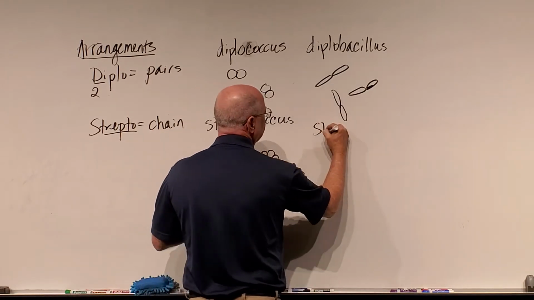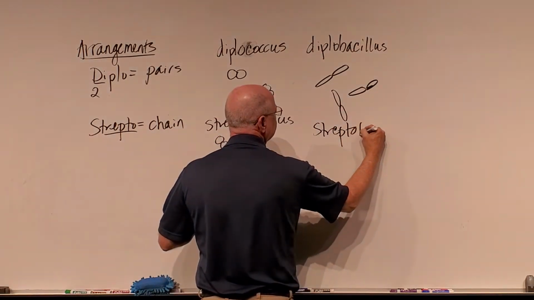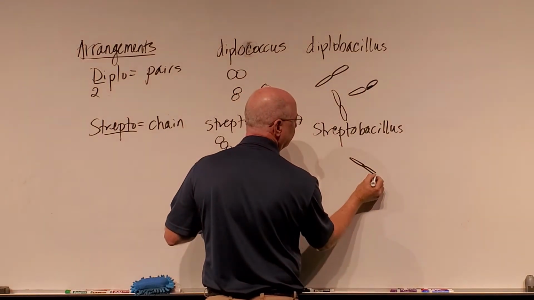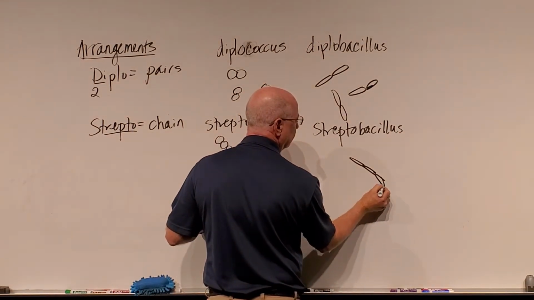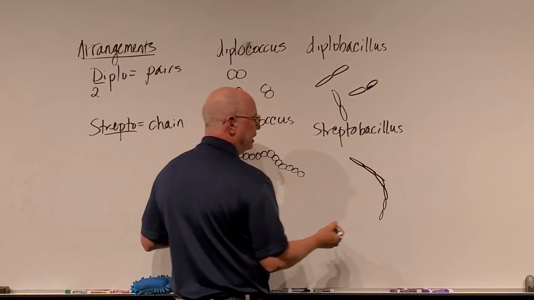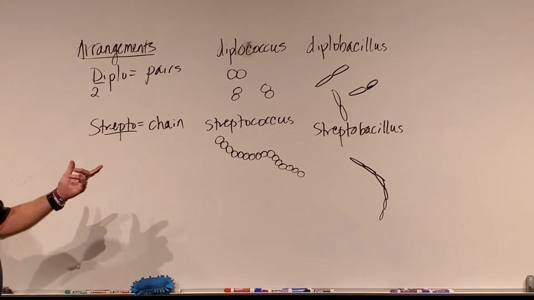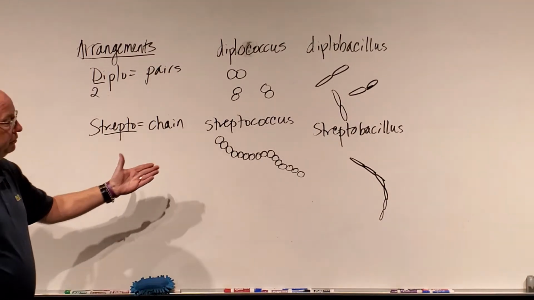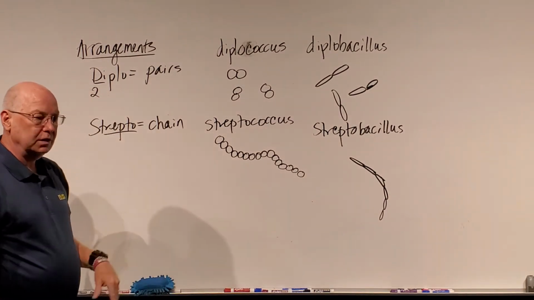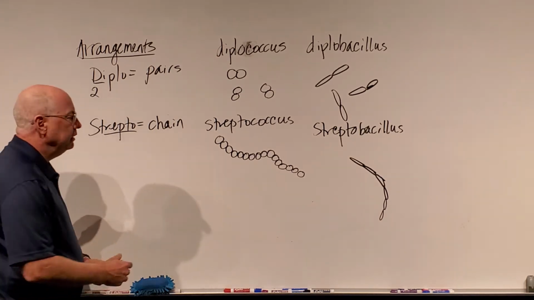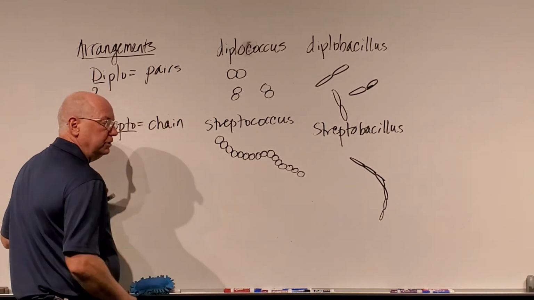If I were going to talk about streptobacillus, then I would have a whole bunch of these rod-shaped bacteria all connected to each other in long chains. That's all that strepto means, okay? And by the way, sometimes the name of the bacterium is based on this. Like there's one called Streptococcus pneumoniae, okay? So the name tells you what you're looking at.